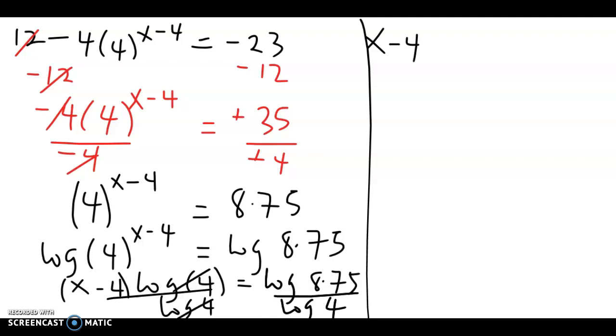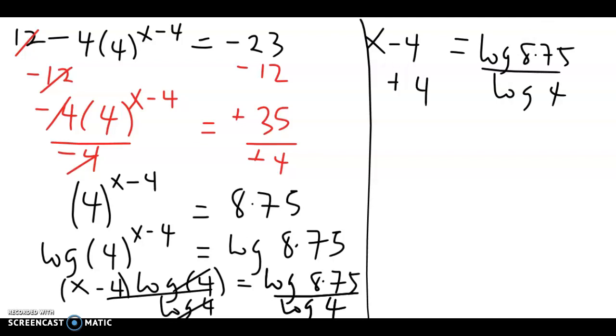We have x minus 4 equals log of 8.75 divided by log of 4. Now to solve for x, you're going to add 4 on both sides.